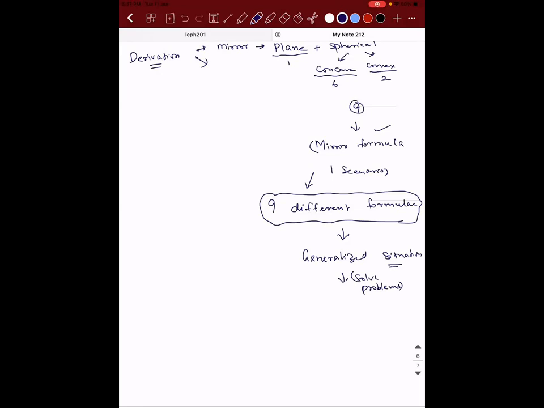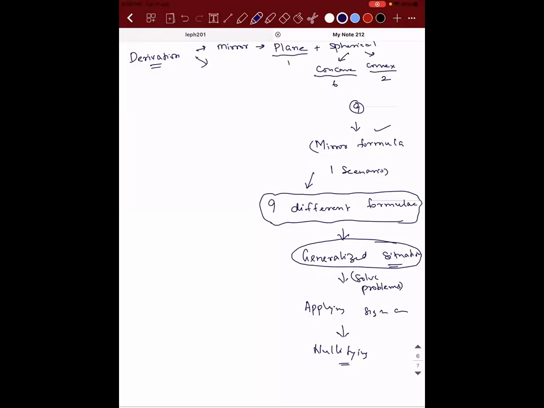Correct? So when you're solving the problem, whatever changes you did in the derivation process to generalize the formula by applying the sign convention, you're nullifying it. It means you're reversing the process. Got it? Yes, sir.